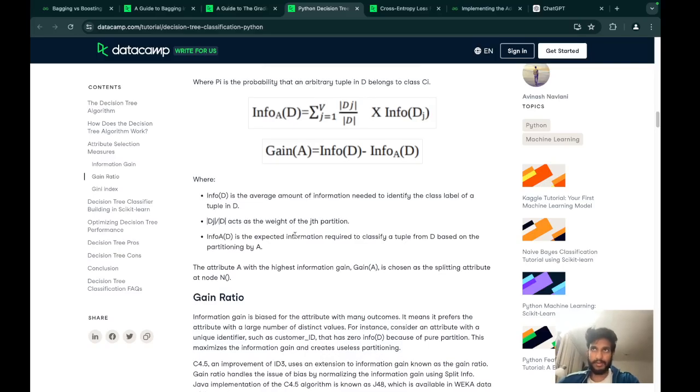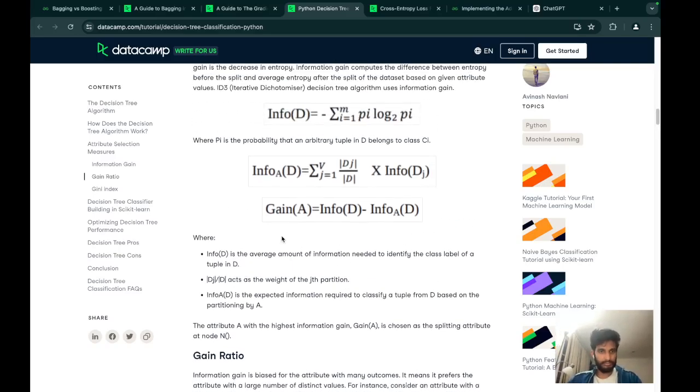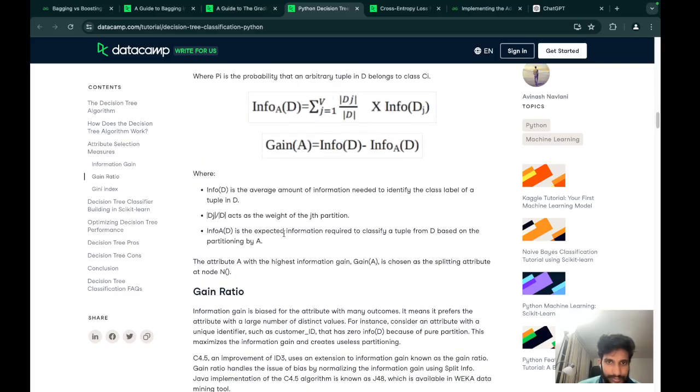Okay, that's a lot. Information gain is the average amount of information needed to identify the class label, and so on. Gain ratio. The attribute A with the highest information gain is chosen as the splitting attribute.